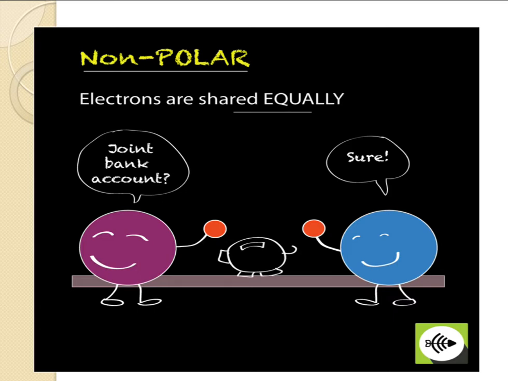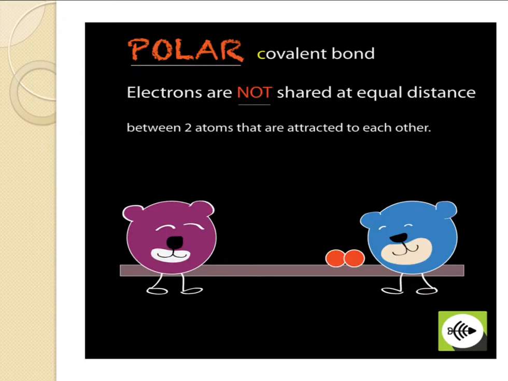When electrons are shared equally between two atoms, it is called a non-polar covalent bond. When the electrons are not shared at equal distance, it is called a polar covalent bond. Okay.